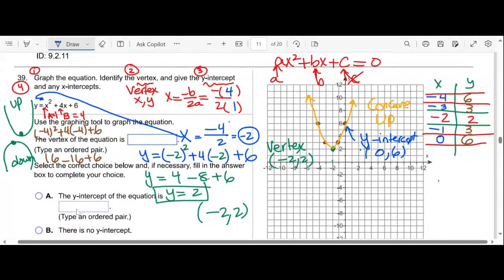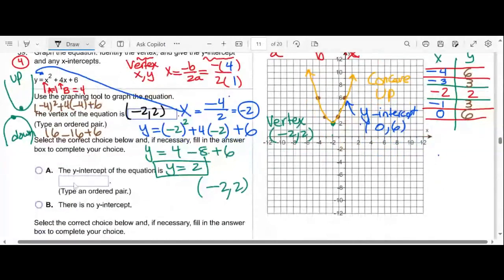So here the vertex is negative 2 and 2. Now the y-intercept is 0 and 6.